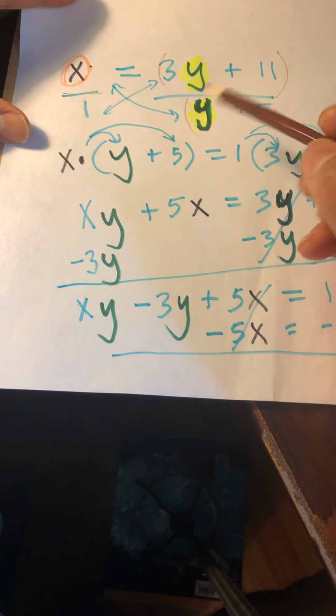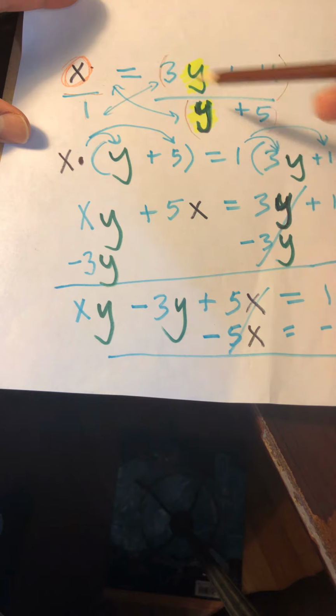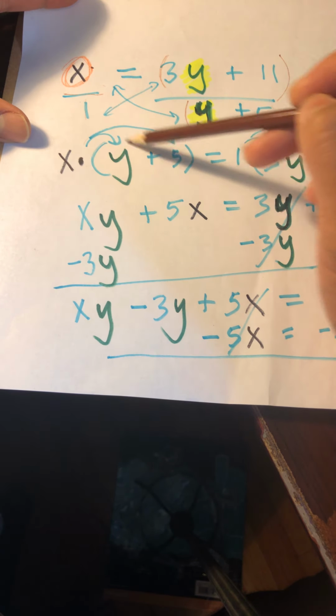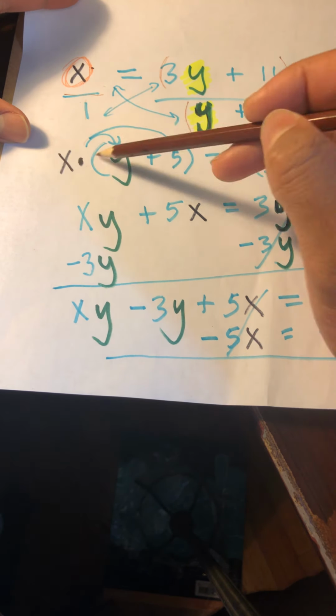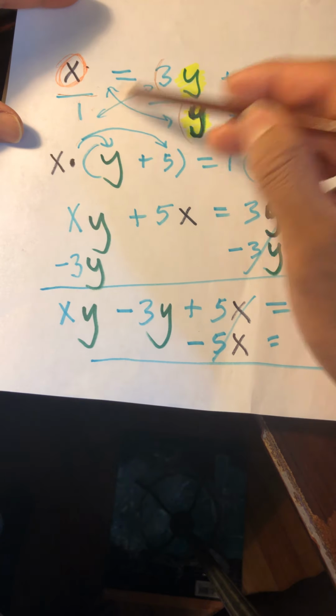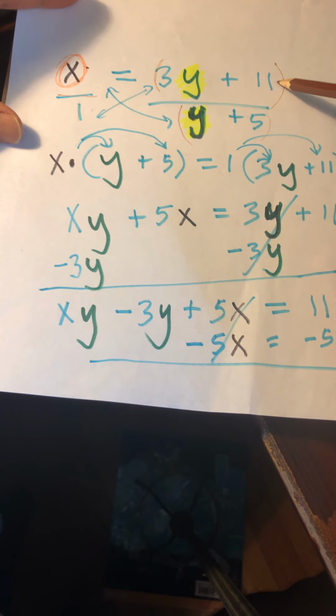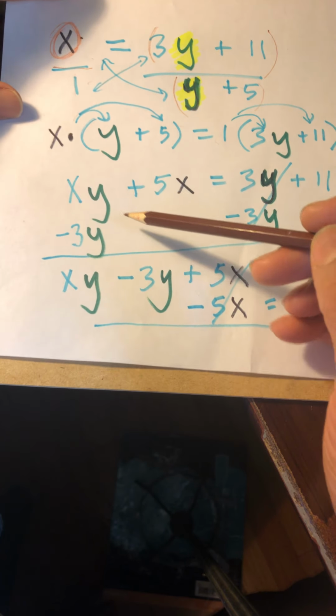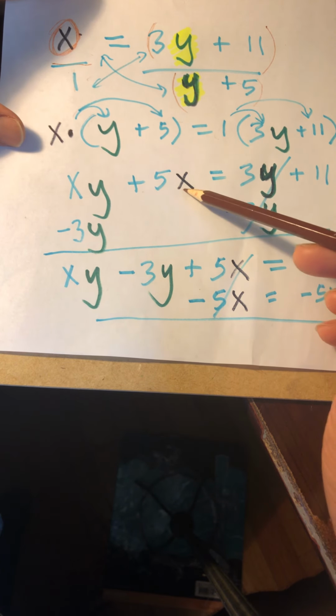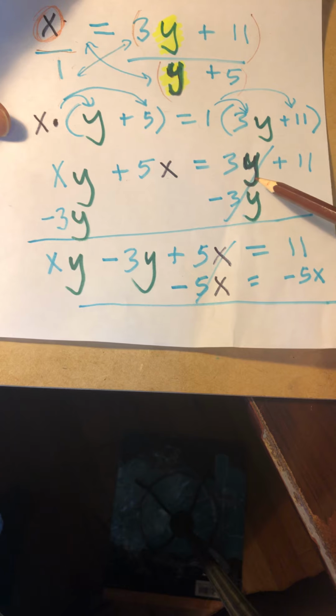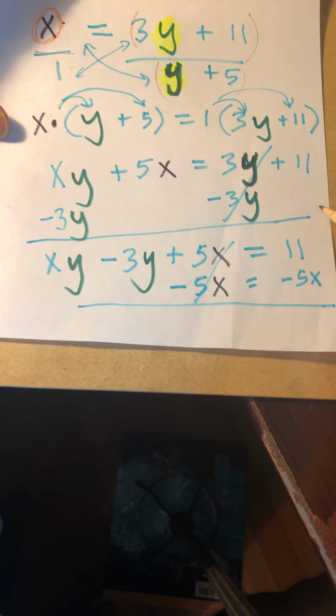So using the distributive property, I have x times y and x times 5 is equal to 1 times 3y plus 1 times 11. And so I get xy plus 5x is equal to 3y plus 11.